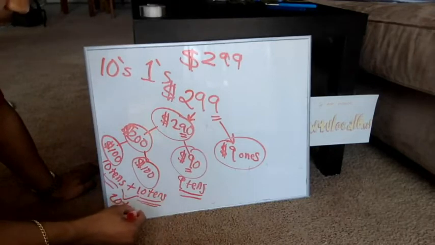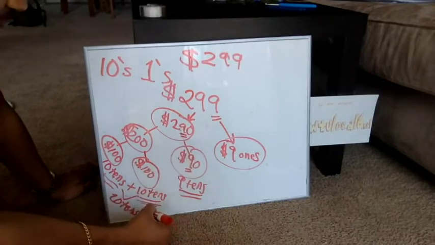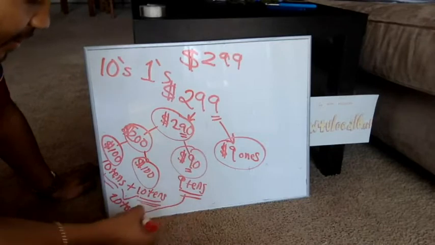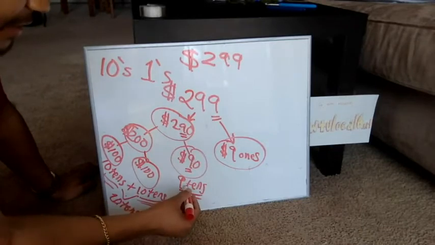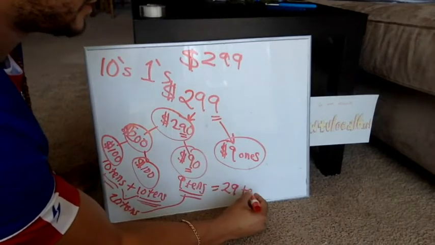And then I had that 9 tens from that 90, remember? So when I combined this 20 tens and this 9 tens, I knew that that would be 29 tens.